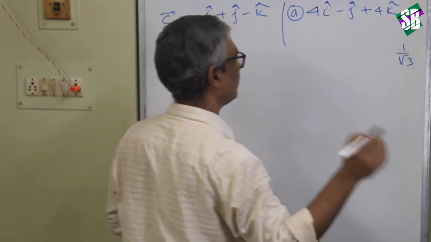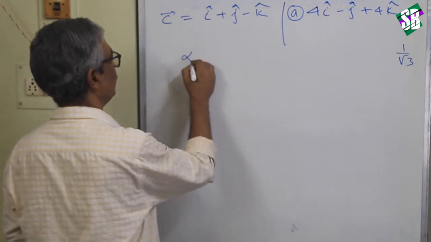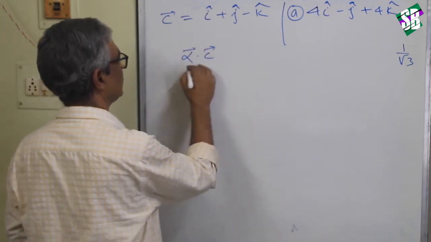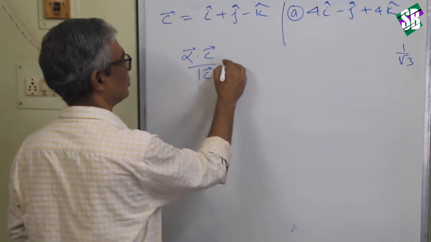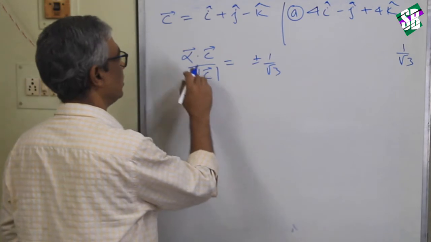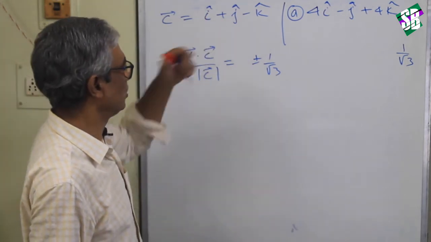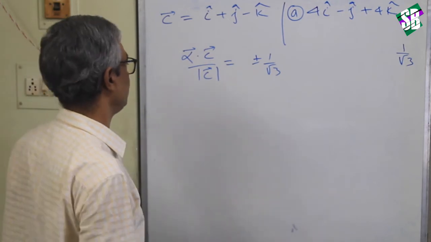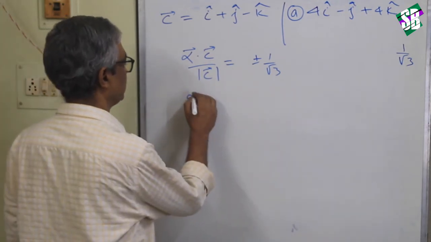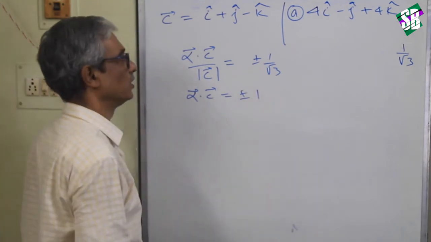So if alpha vector is the required vector, then alpha dot C by mod C equals plus minus 1 by root 3. But what is mod C? Under root, 1 plus 1 plus 1 means root 3. So alpha dot C is equal to plus minus 1.